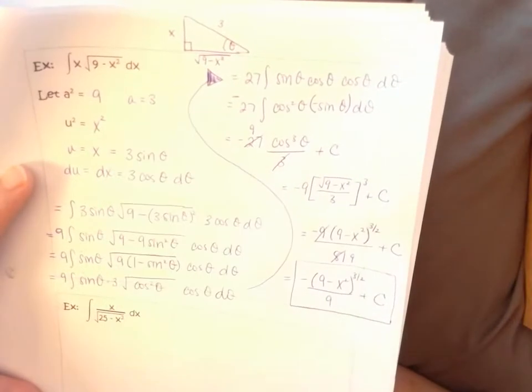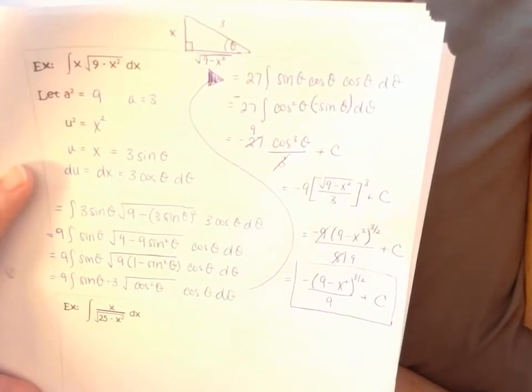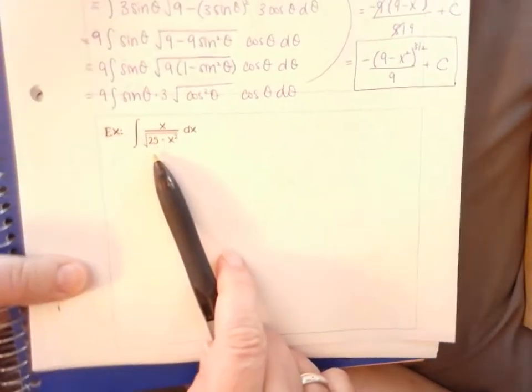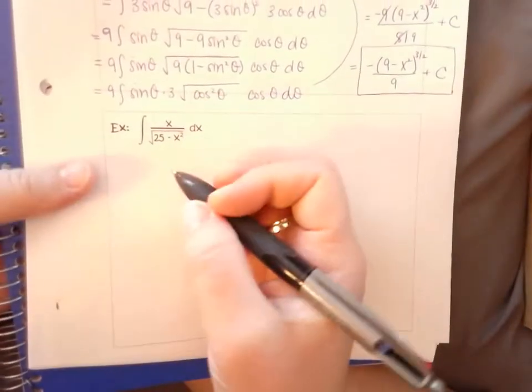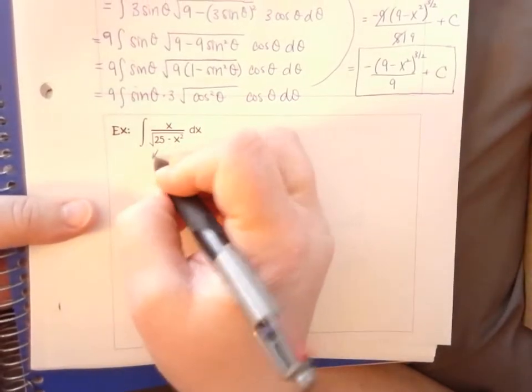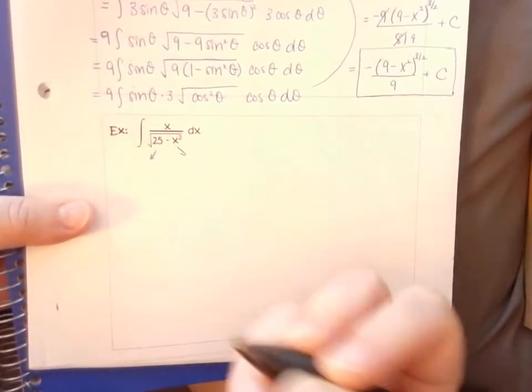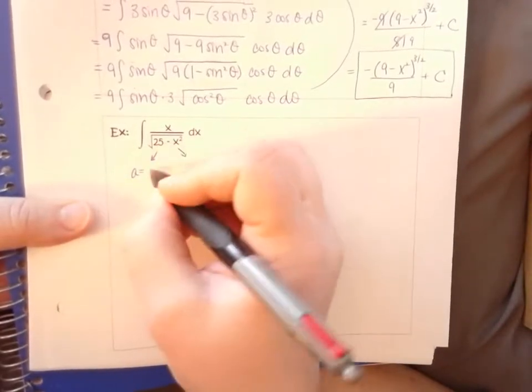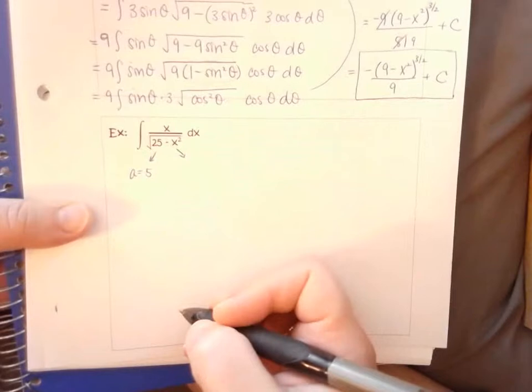Besides, u sub worked here, but it's not always going to work. Here's another example where u sub would work, but let's see what happens when we use the trig substitution method. I'm just going to jump to some of the assignings that I know are coming. I know that a, which is the square root of 25, is 5.